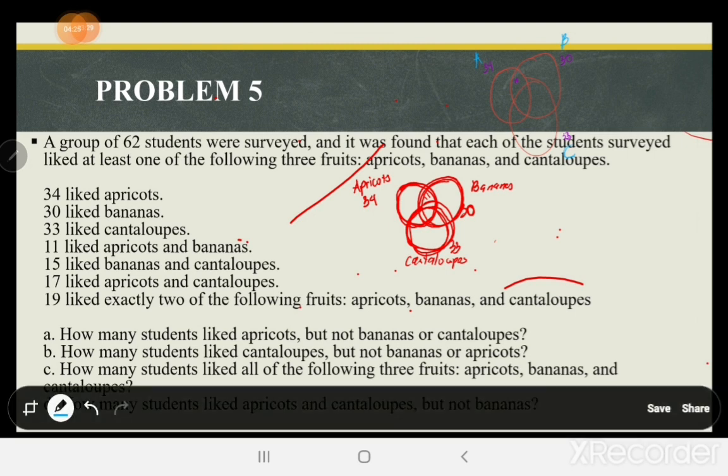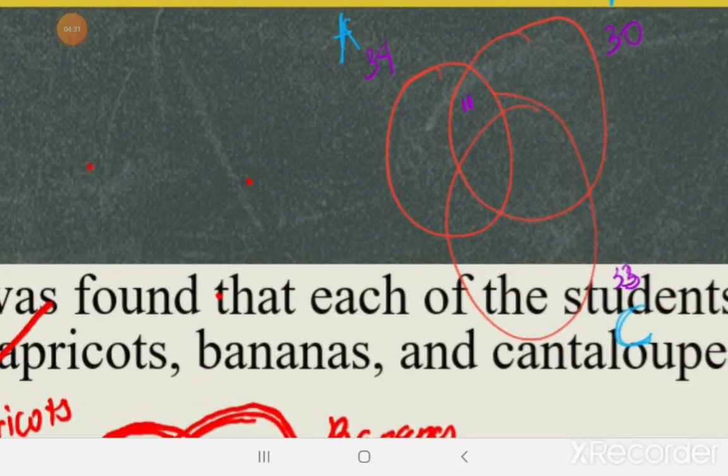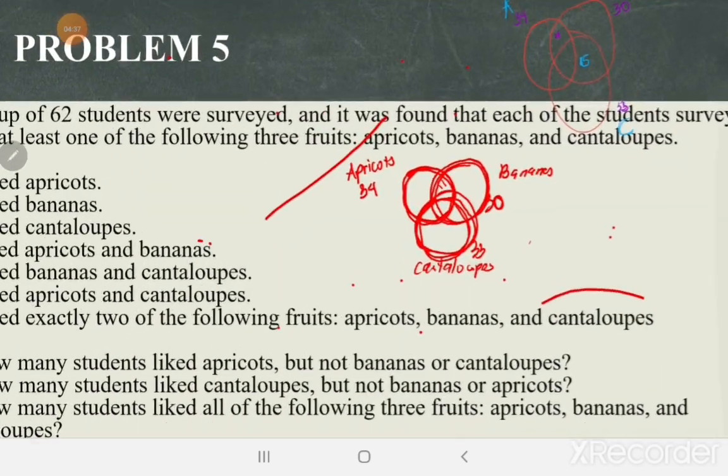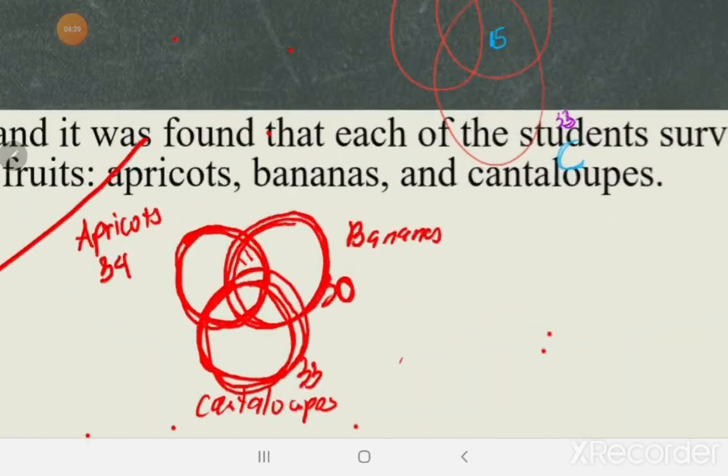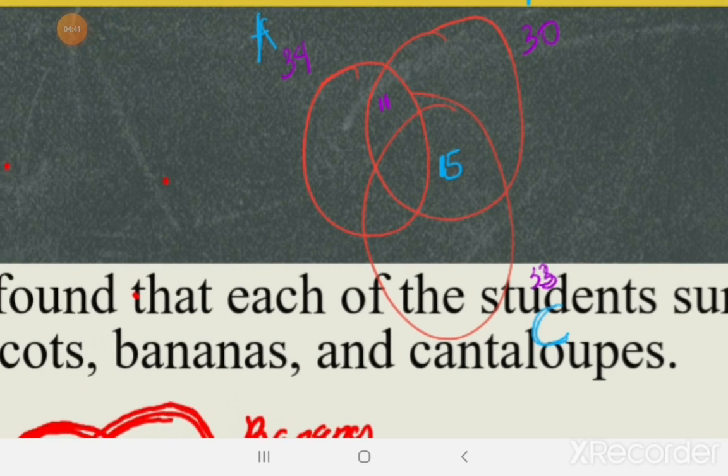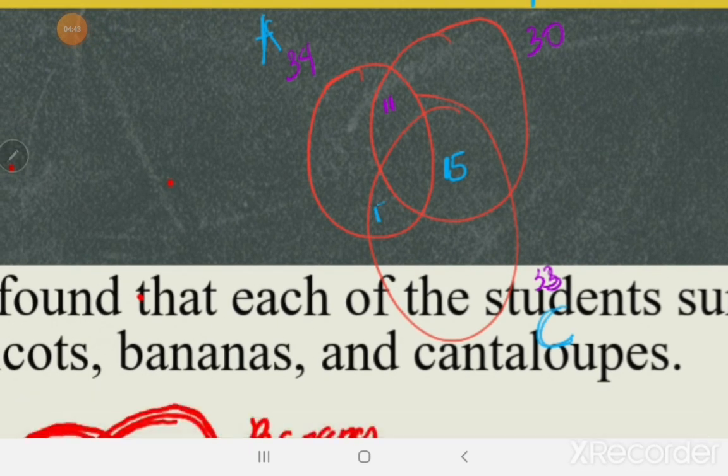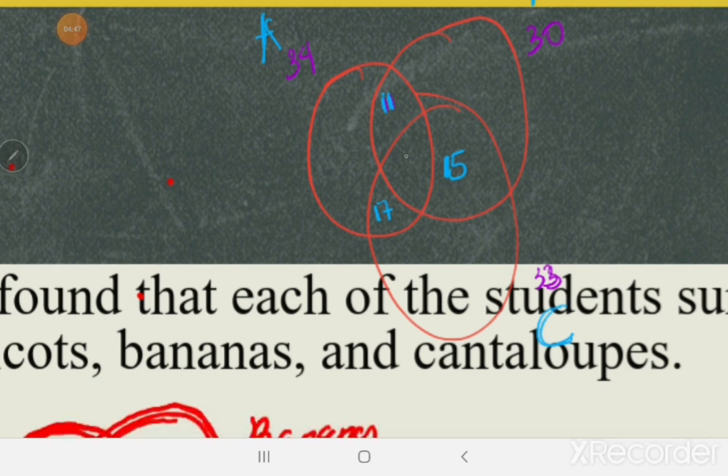So, we have 11 like apricots and bananas, 15 like bananas and cantaloupes, and 17 who like apricots and cantaloupes. But it is not stated how many people like all of them.